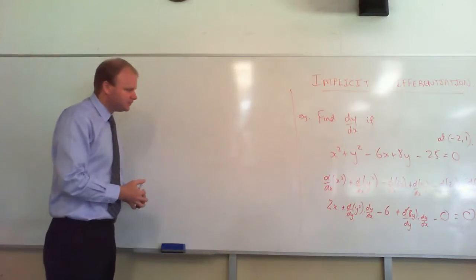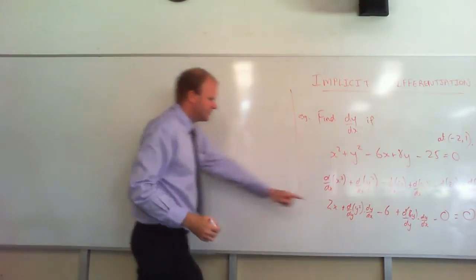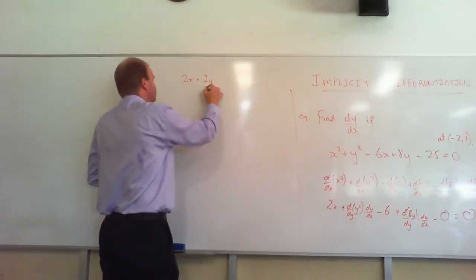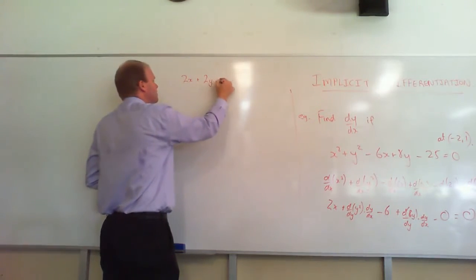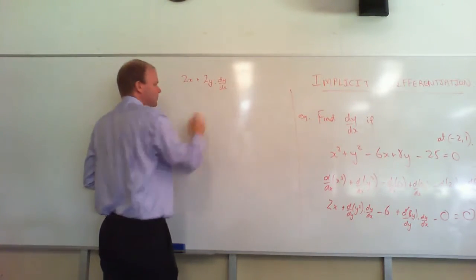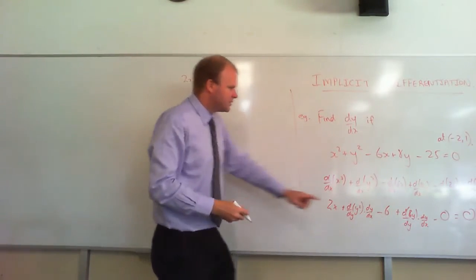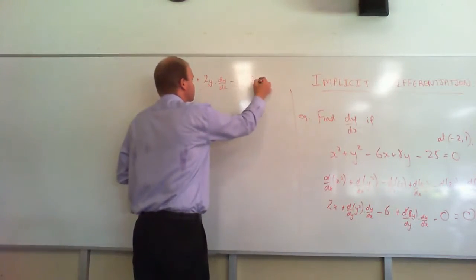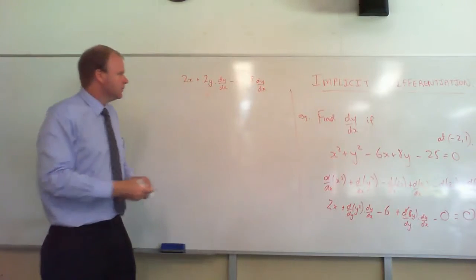Simplifying that, 2x plus 2y times dy dx minus 6 plus, what will this one be? 8 times dy dx equals 0.